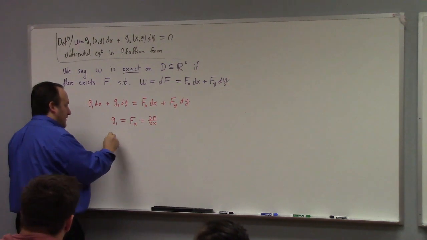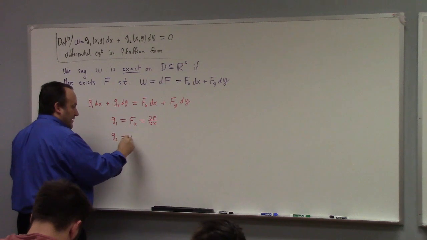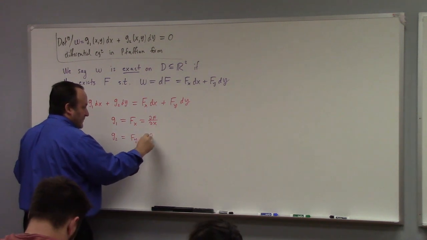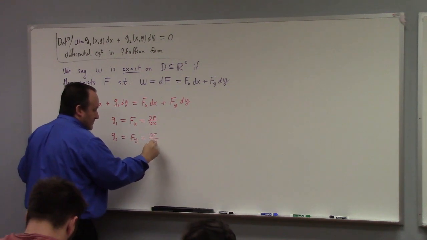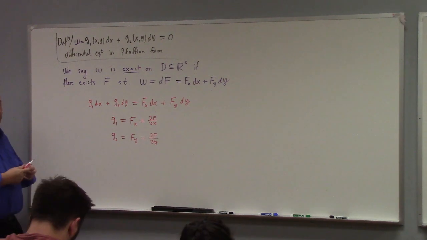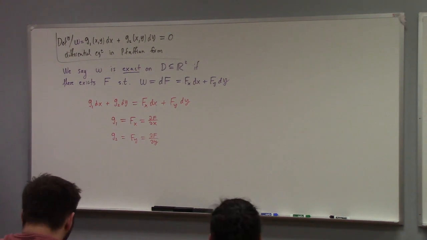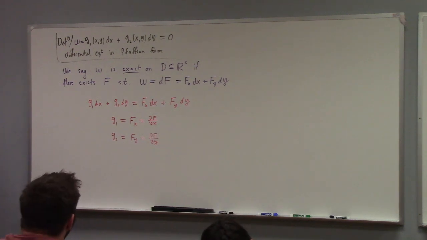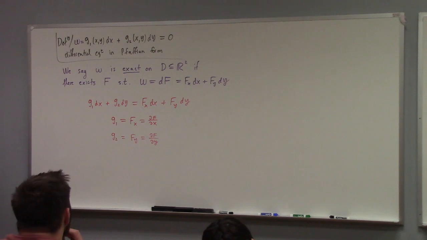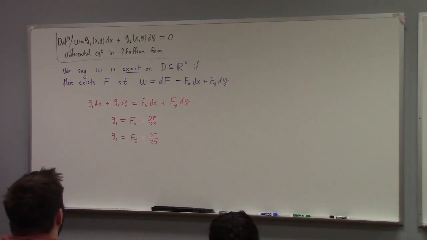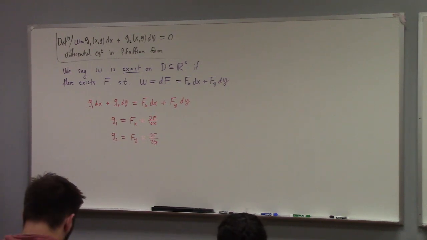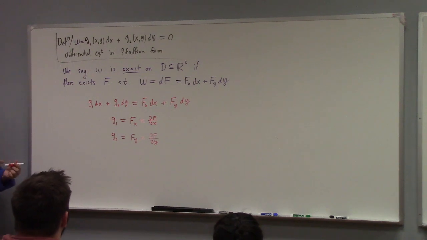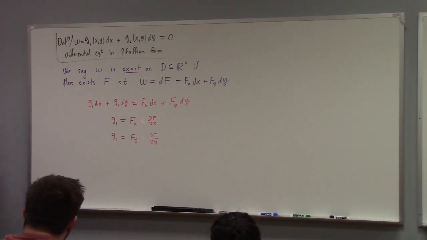On the other hand, we need g2 is fy, which is partial f partial y. This math should look a little bit familiar. It's the same kind of math we did to find a potential function for the vector field in your last homework, where you had to integrate to find the function whose gradient was the given vector field. We're up against that math again.